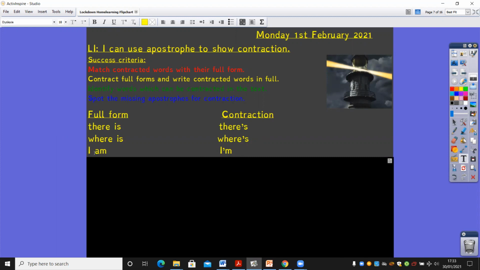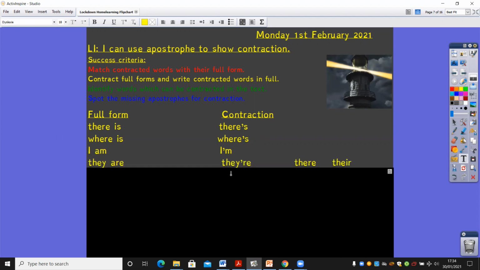That's right, it's the letter A, isn't it? The letter A. So instead of I am, I just have I and so I have an apostrophe to show that the letter A got squashed out. So I have I'm, a contraction, I'm.